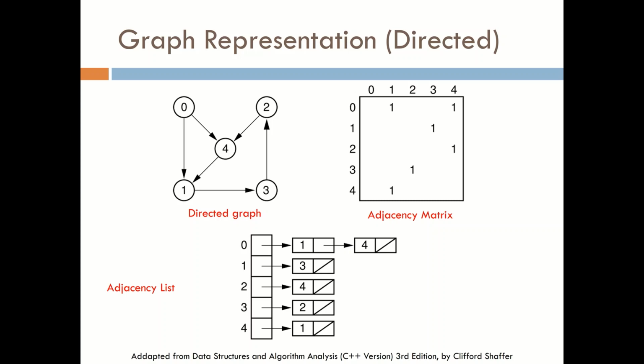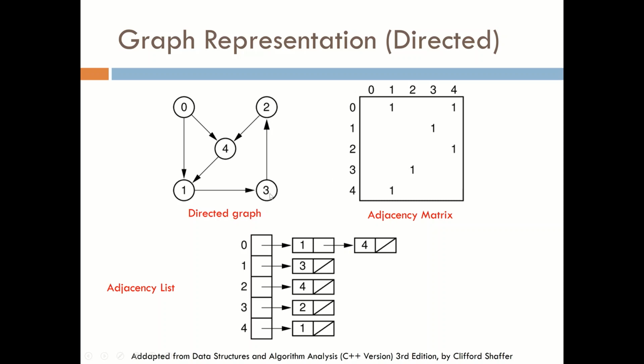Now here is an example of a directed graph. In this case, you see that, for instance, while vertex 2 connects to vertex 4, and there's an edge between 3 and 2, that edge is a directed edge. So vertex 2 in this case only has one outgoing edge, and you can see here that it's only adjacent to vertex 4.